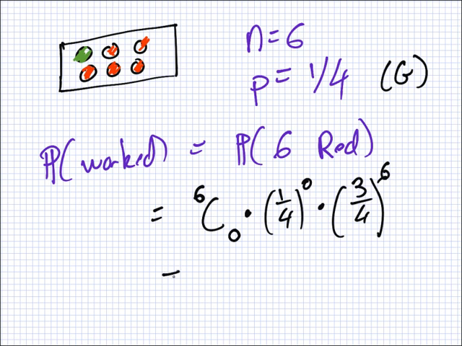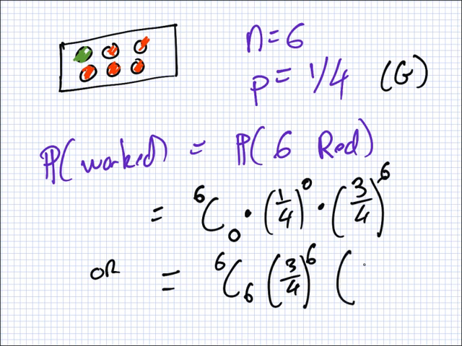So what is the probability here? 0.178, like that. So you can see the other way to do this: you can say 6C6, 6 reds. A red is 3 over 4, and you want 6 of them.